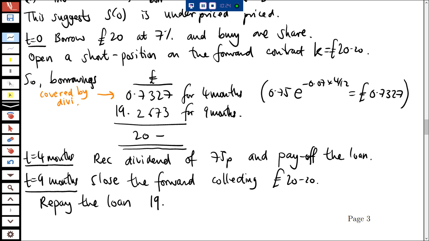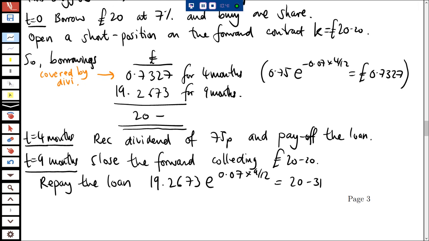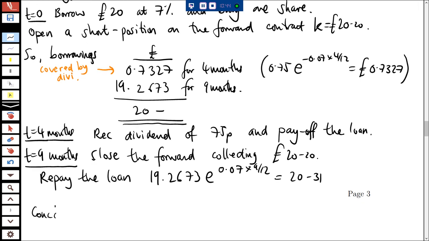So the remaining part of the loan is £19.2673, and that has interest compounding at 7% for 9 months, which is £20.31. And the conclusion, well, there's a loss of 11 pence. Okay, which is the difference between the amount that we receive at the end for the forwards and the amount we have to repay off the loan, completing the question.